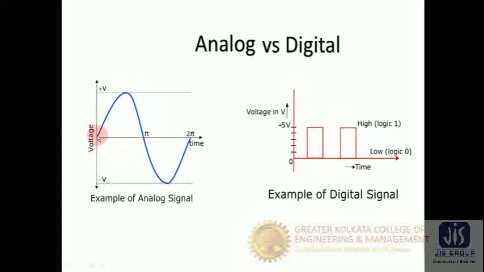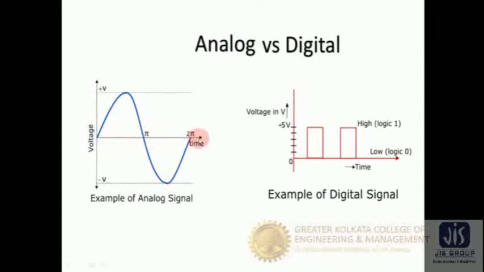First, we have seen that the analog signal is continuous in nature. That means we can see it moves continuously from zero or the initial value to its peak value. At each and every point we can get a value of this signal. That is why it is analog, continuous in nature in the amplitude domain.